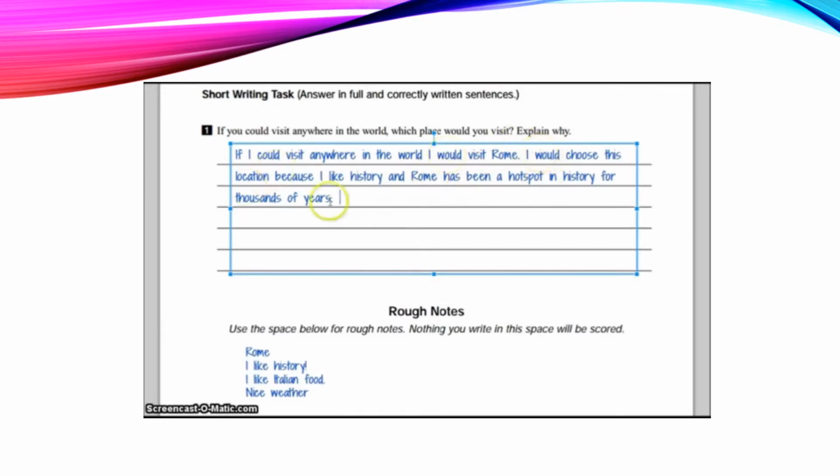So I choose this location because of history, and I've proven why Rome is connected to history, because it's a hotspot, of course. And if I want to give a little more detail on that, there are amazing ruins and museums that I would love to see. There we go. So I think that's enough detail about the history part of it.